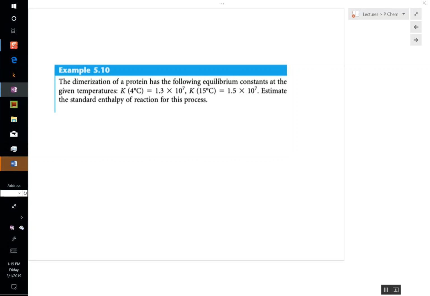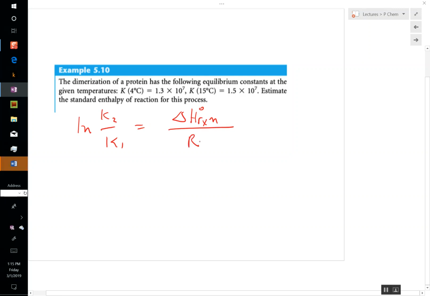Estimate the standard enthalpy of reaction for this process. So we would have the ln of K2 over K1 equals the delta H of reaction divided by R times 1 over T1 minus 1 over T2.